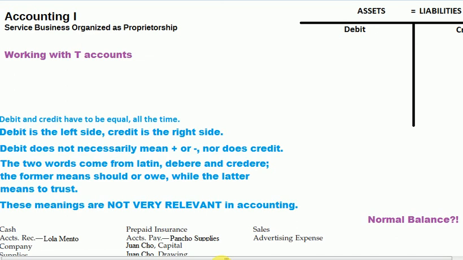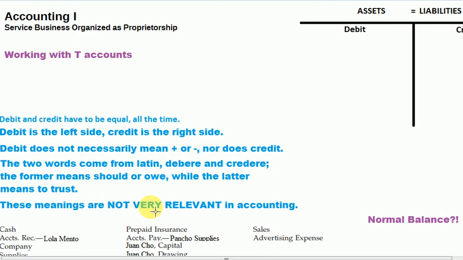That's what we are trying to avoid. We are trying to avoid the confusion. That's why I put something like this as a conclusion. These meanings are not necessarily relevant in accounting.